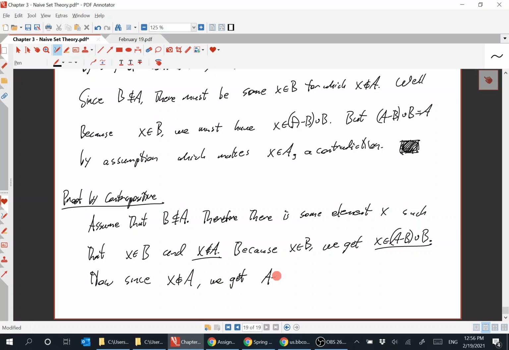We get that A minus B union B is not equal to A, because the element X is here, but the element X is not here. So they can't be the same sets. The same sets would have the same elements. But this set has some that this set doesn't have, as required.